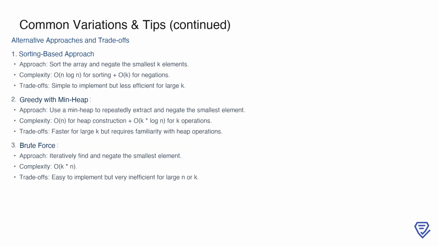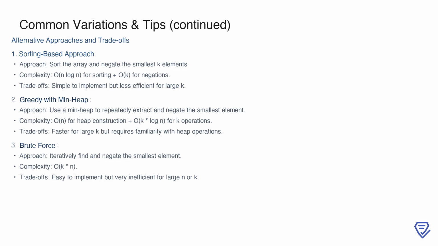When comparing alternative approaches, each method has its own trade-offs. The sorting-based approach involves sorting the array first, then negating the smallest k elements. While this is simple to implement, with a time complexity of n log n for sorting plus k for negations, it may not be the most efficient for large k. A more optimized solution involves using a min heap.